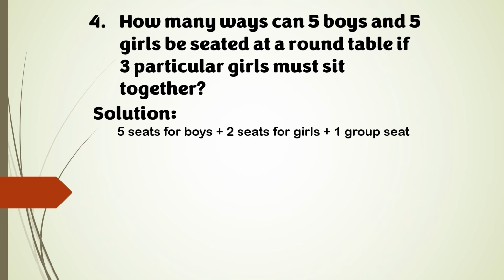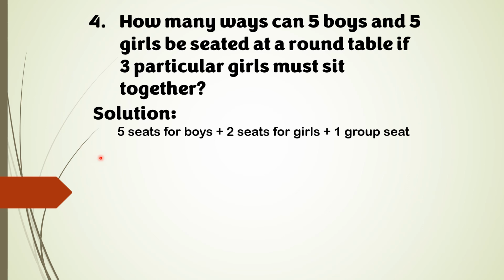We have here 5 seats for boys, 2 seats for girls. So since we have 5 girls and the condition is 3 particular girls must sit together, that is for one group seat. So these will be the 3 girls. And then the other 2 girls, so we have here 3 plus 2 is equal to 5. So 5 girls and 5 boys.